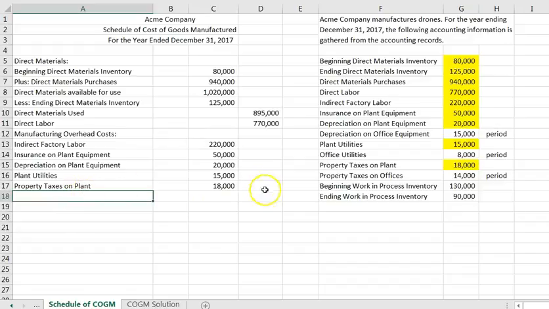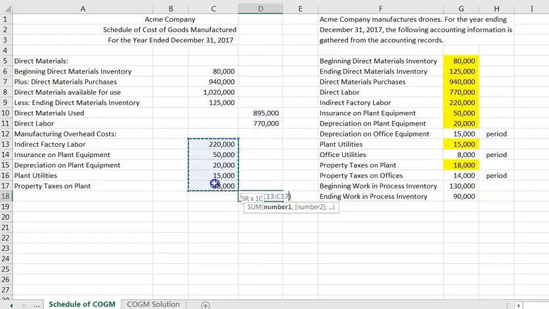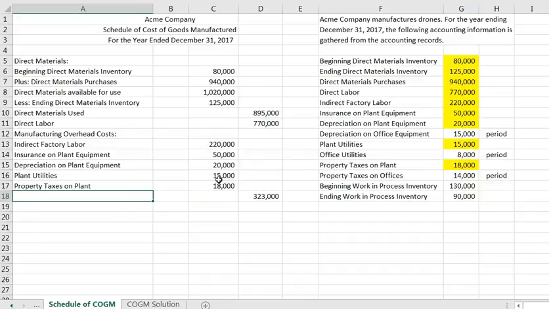Next, I total the manufacturing costs incurred during 2017 by adding direct materials used, direct labor, and total manufacturing overhead costs to arrive at $1,988,000.